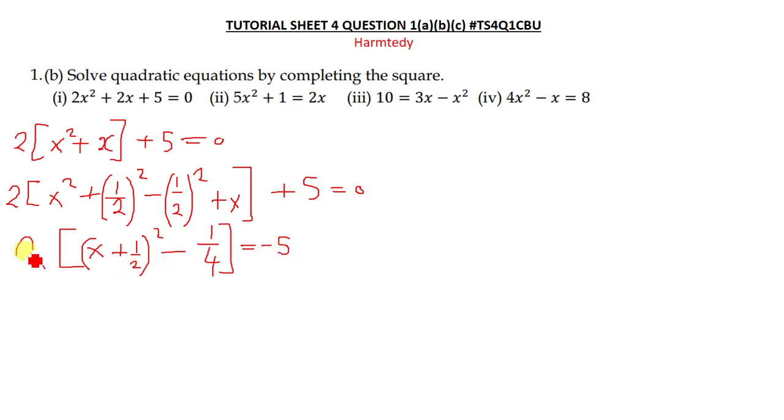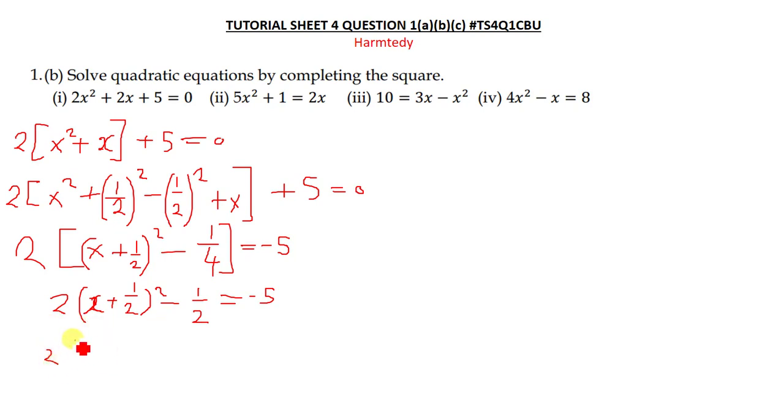You multiply it throughout by these 2, you are going to have 2, open the brackets, x, then everything squared, minus 2 times 1 over 4 will give us 1 over 2, being equal to negative 5. You take this 1 over 2 to the other side of the equal sign, then divide everything by 2.